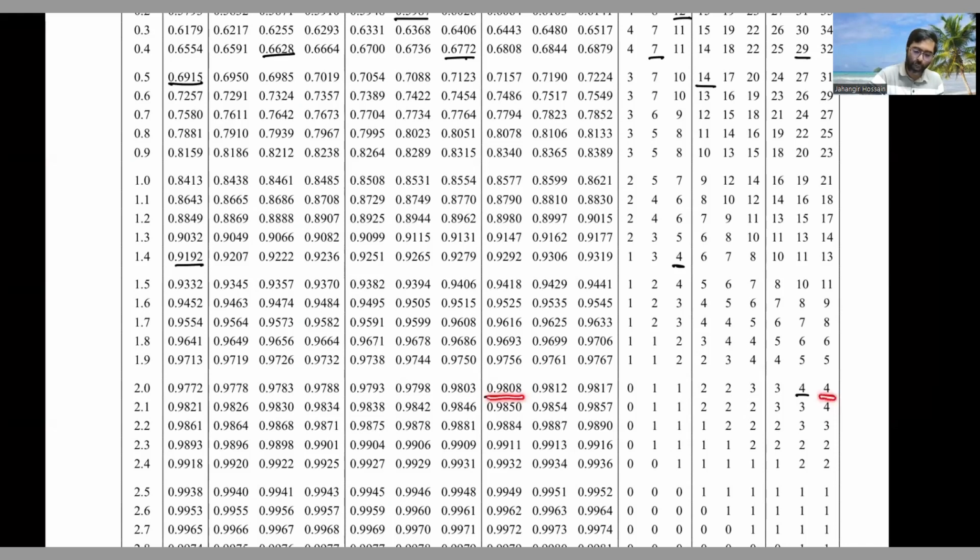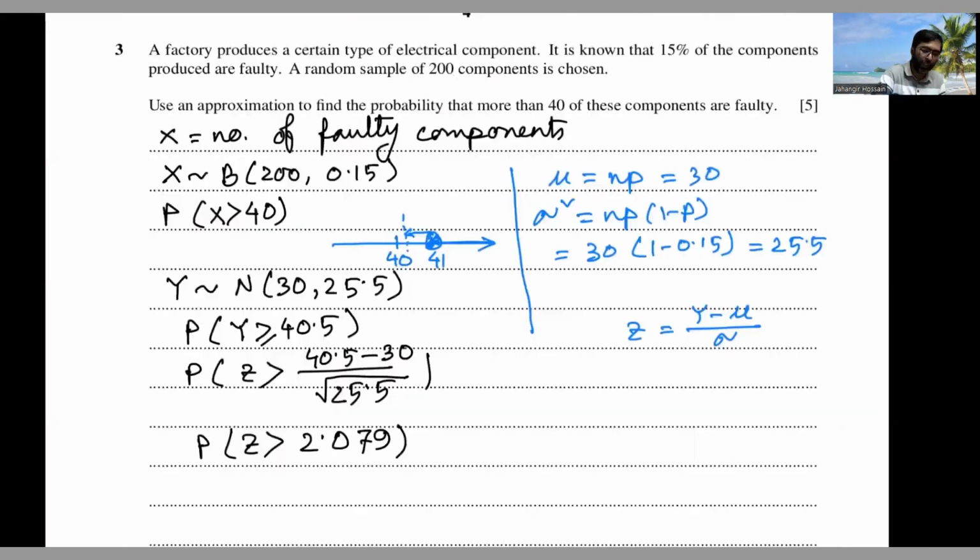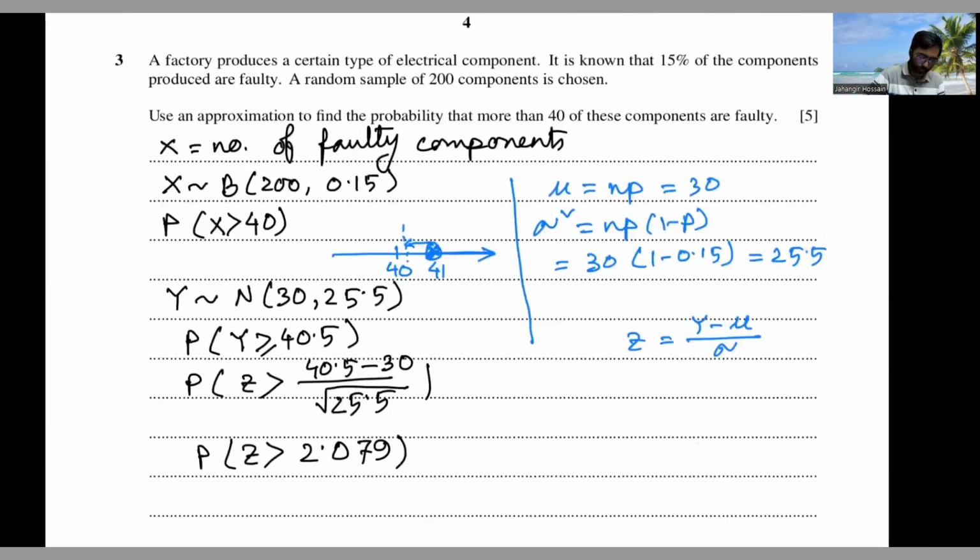0.9808 or 0.0004. Okay, so we have probability z greater than 2.079. So it will be 1 minus probability of z less than 2.079, because from the table we can find the probability of z less than something.